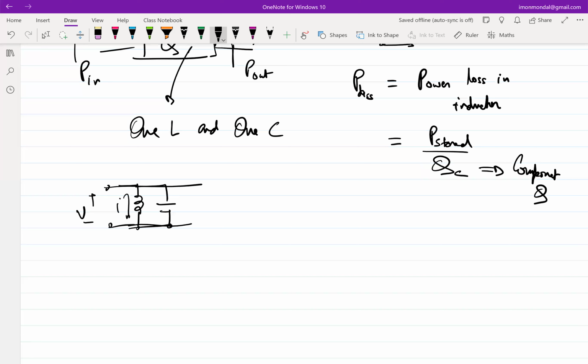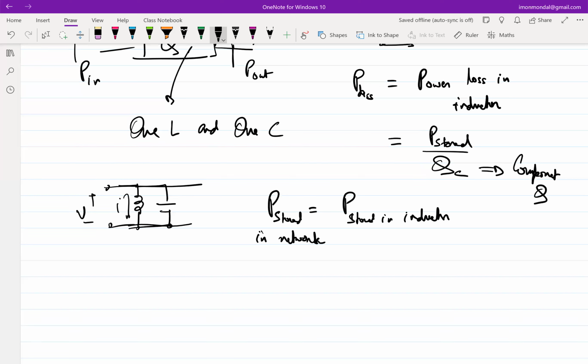Okay with that? So I can say that in the phasor domain, power stored in the network is equal to the power stored in the inductor. Correct? Fine.